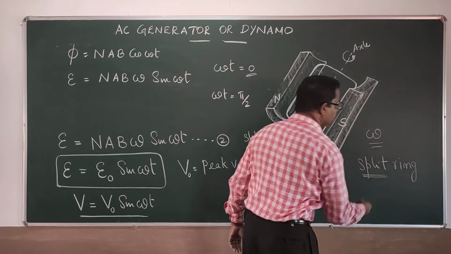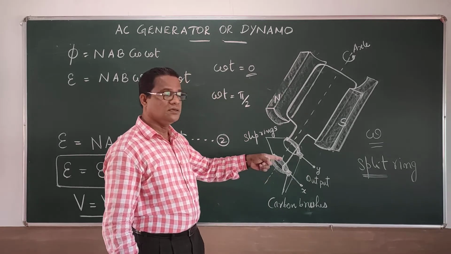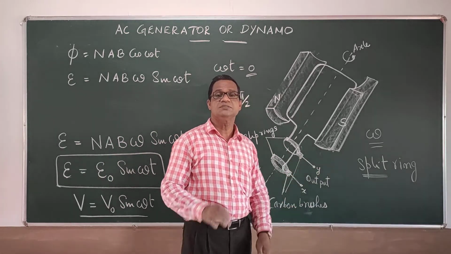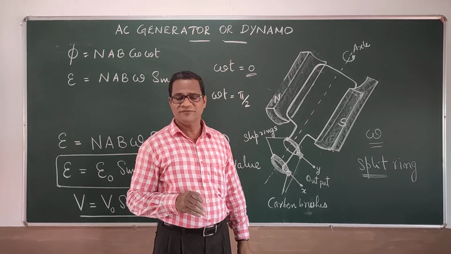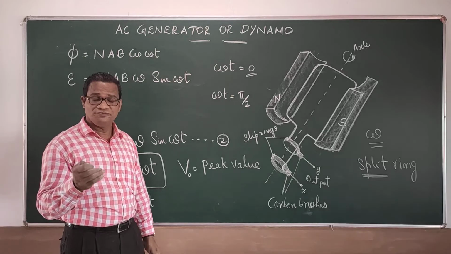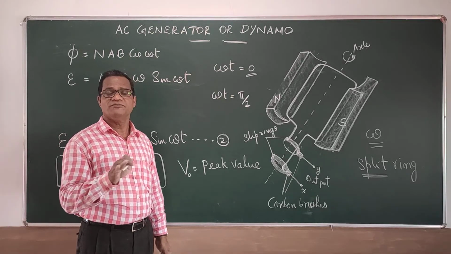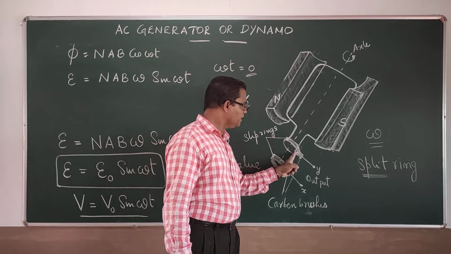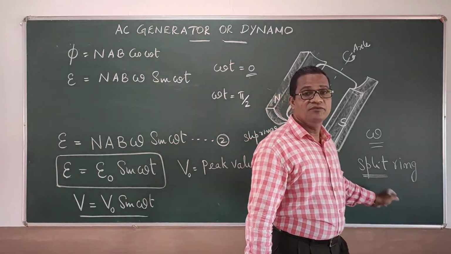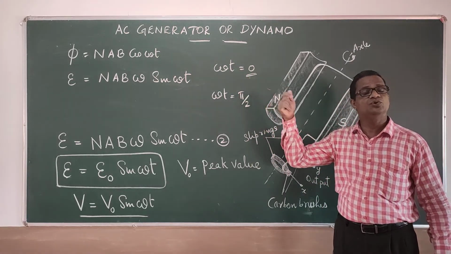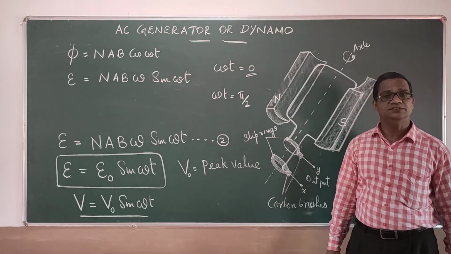This split ring commutator gives an output which is DC. It is not perfect DC, it is a fluctuating DC, out of which we can get a perfect DC. So just by changing the slip ring into a split ring, we can change the AC generator into a DC generator.